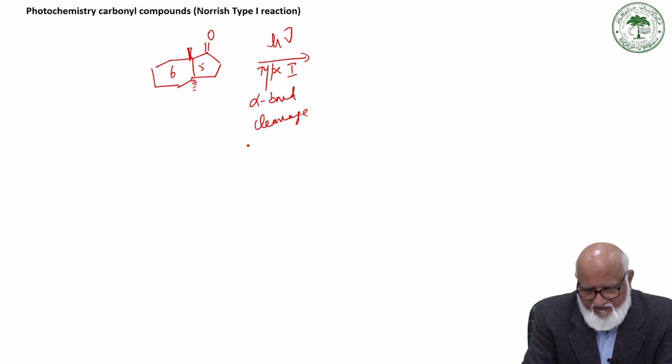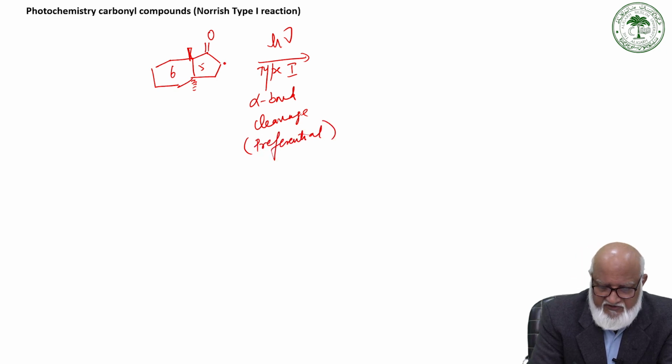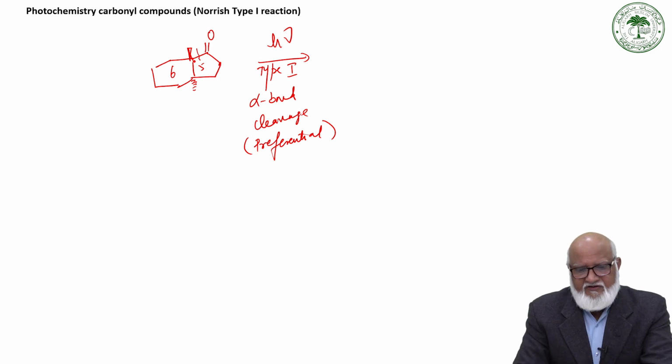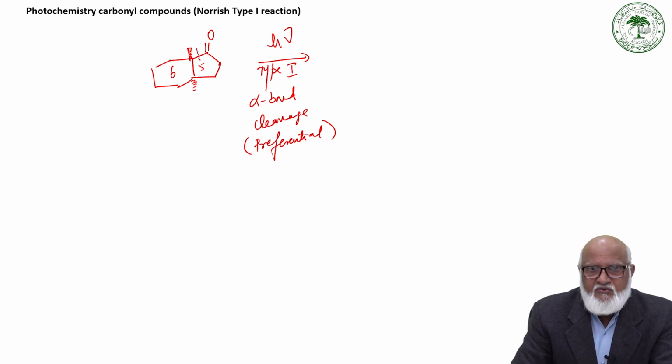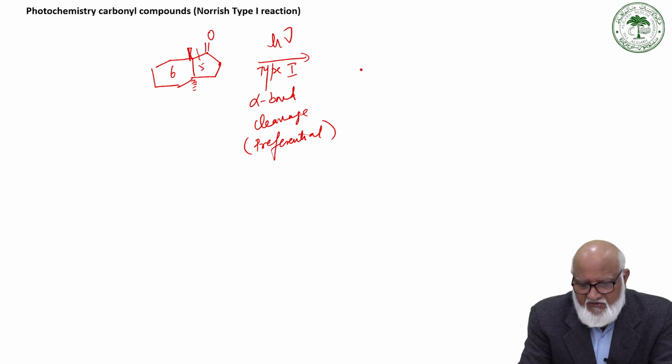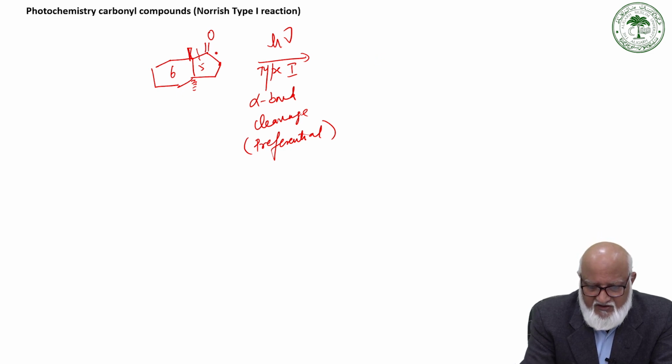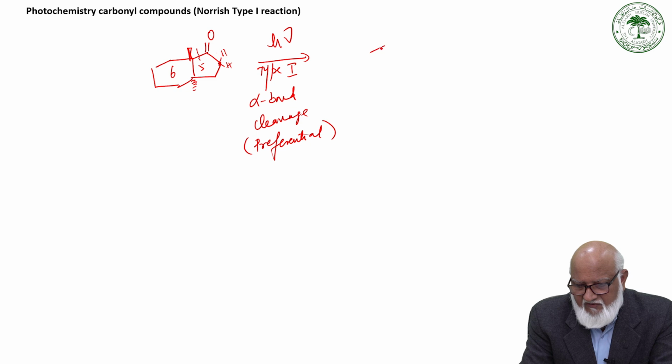There is going to be a preferential alpha bond cleavage, because this is an alpha carbon and this is an alpha carbon. This cleavage is preferential because it is going to generate a tertiary radical. The other will not take place because it is going to give you a primary radical. There are two hydrogens here.